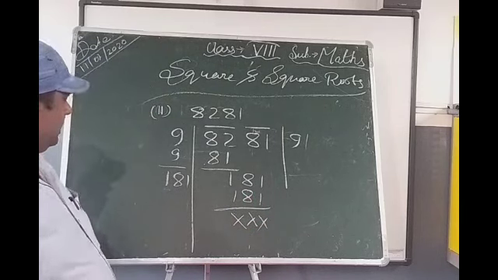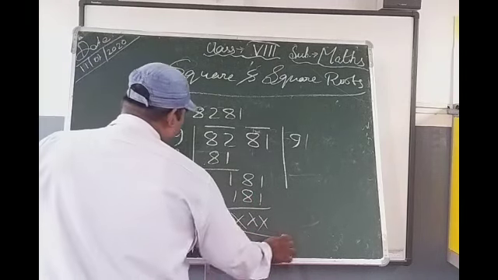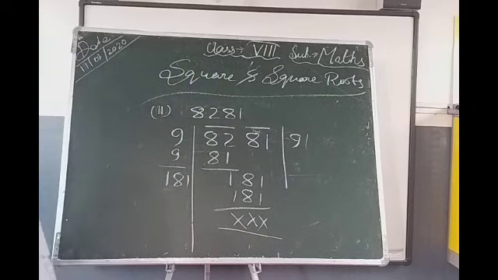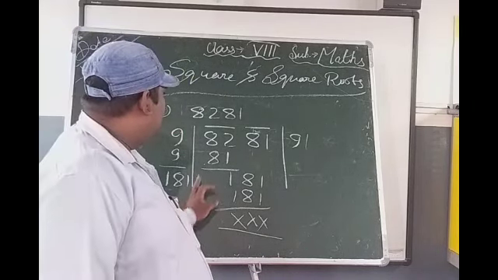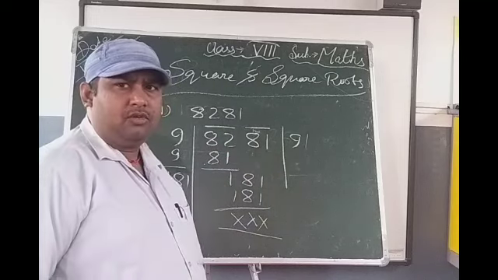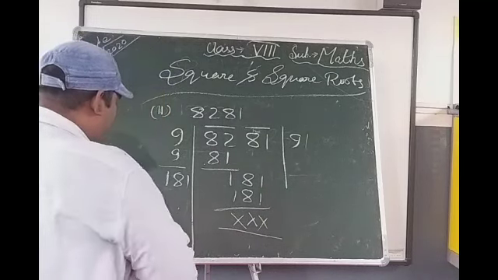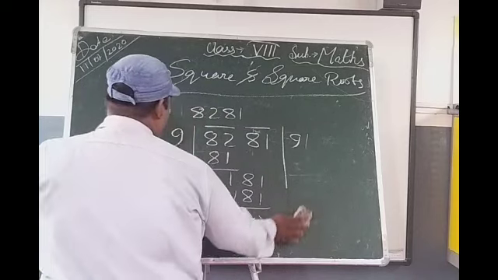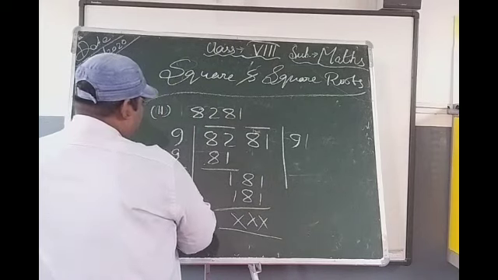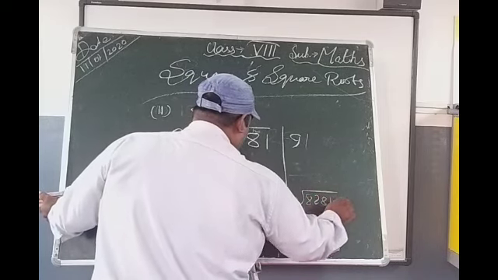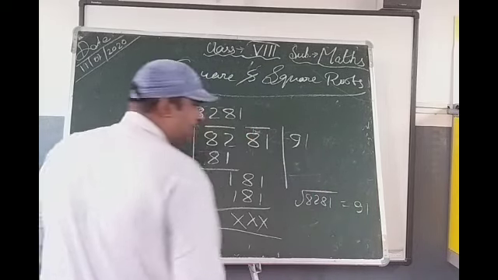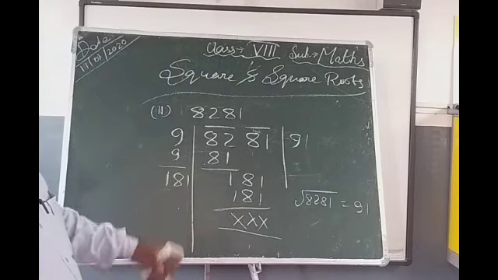Finally we have got 8281. The square of 91 is 8281. You will write that the square root of 8281 is 91.